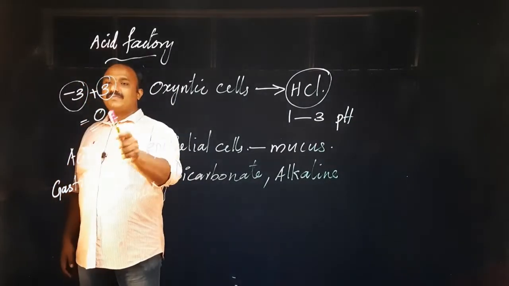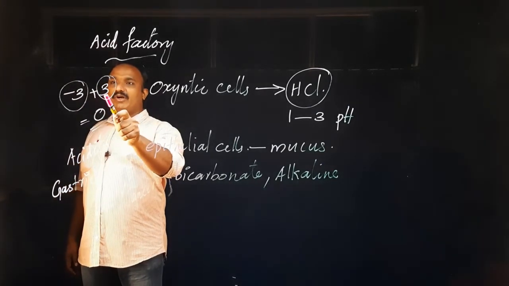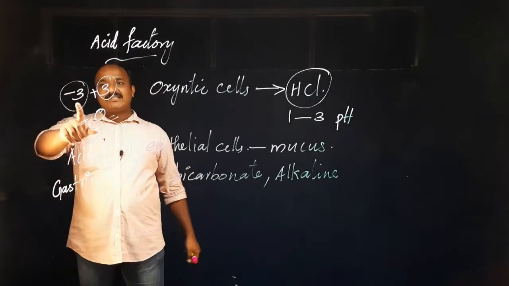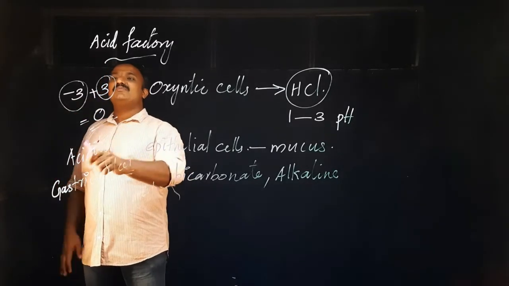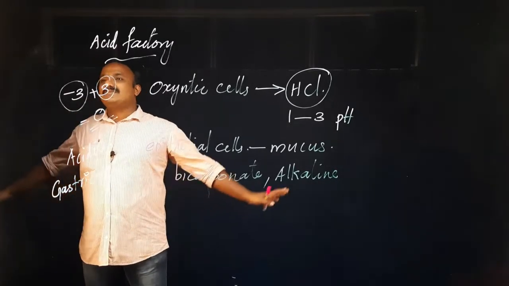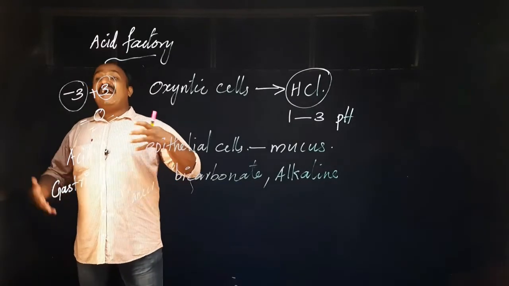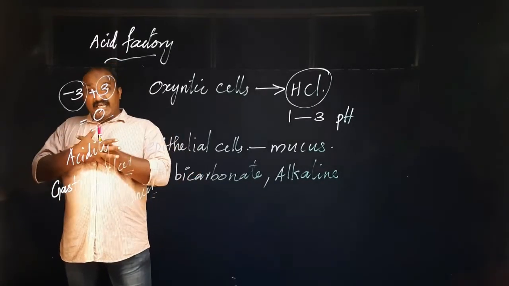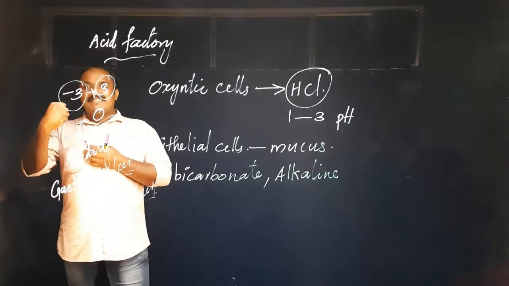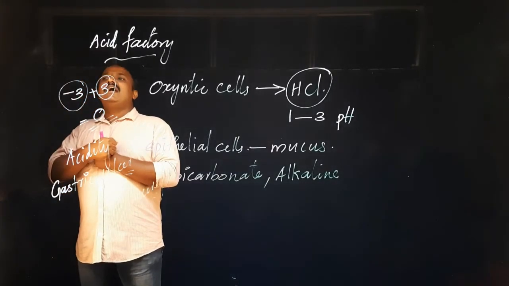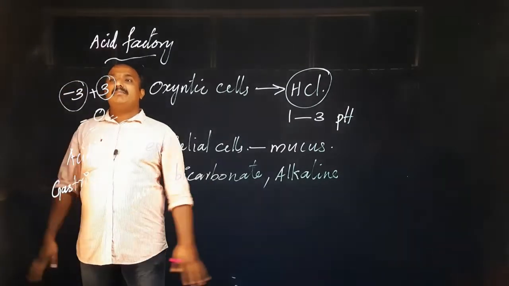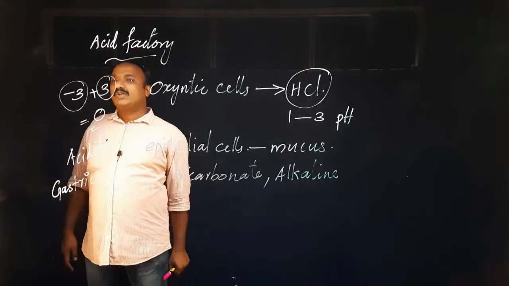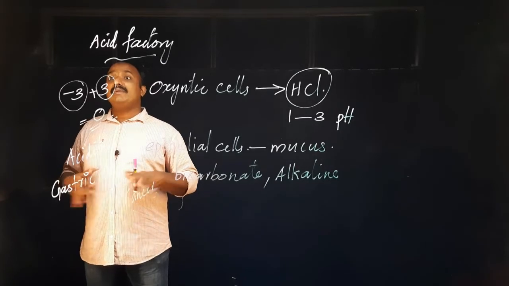Like when -3 comes in contact with +3, they become 0. 0 means nothing. So the power of the acid will be neutralized by the bicarbonate mucus. Then our body will be protected.